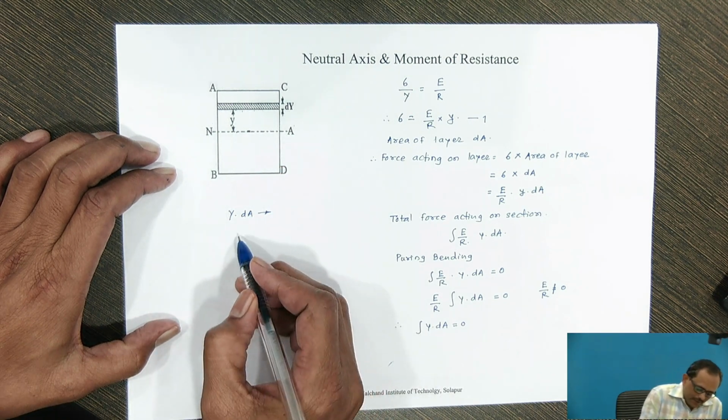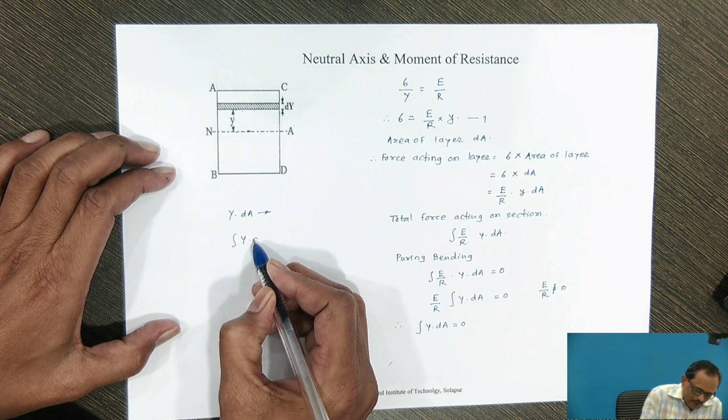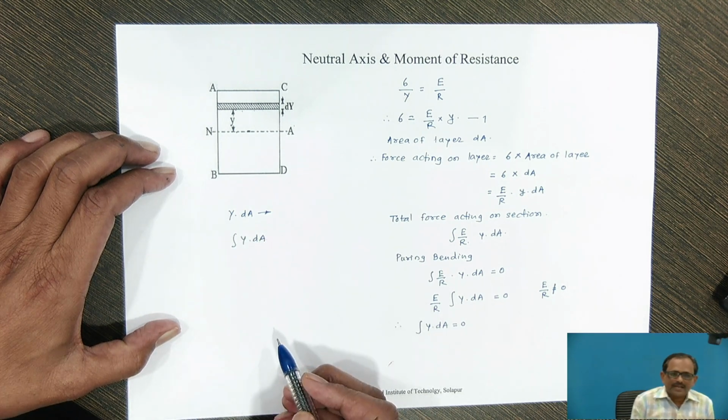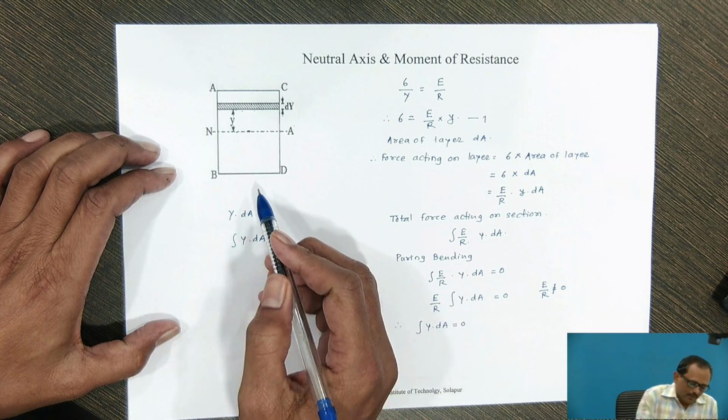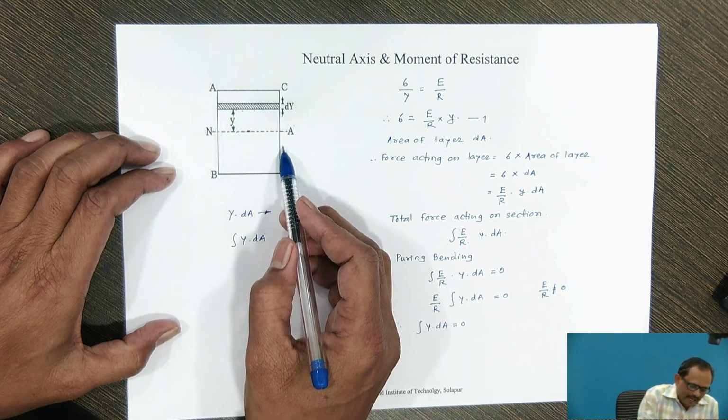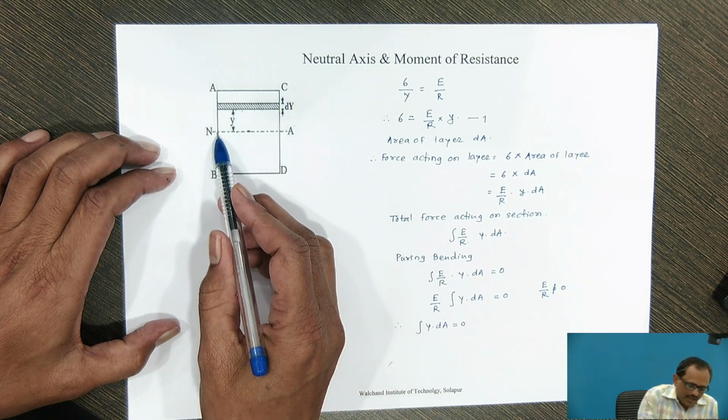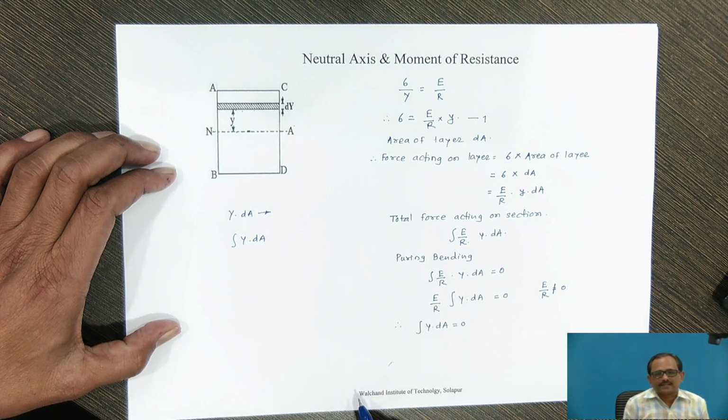And if you integrate this equation y into dA, that will become the moment of the entire area of this given section about the neutral axis.